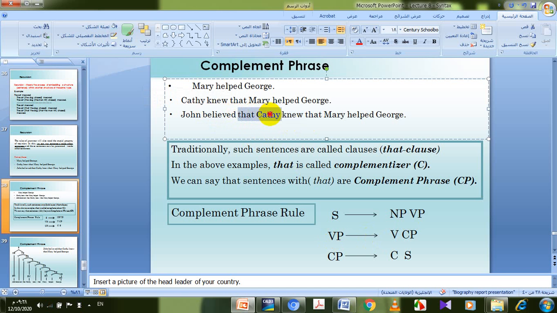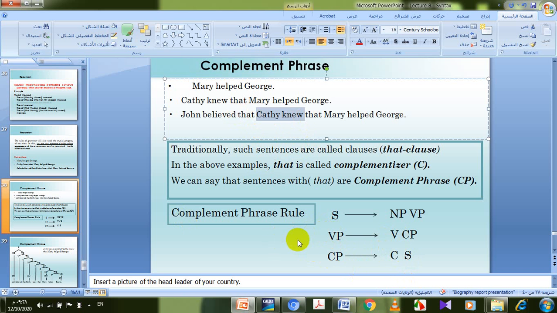And that Kathy knew, which is complement phrase. In a tree diagram, it's very clear. Complement phrase that Kathy knew is subdivided into complementizer, that, and sentence, Kathy knew. Okay, so this is very easy.